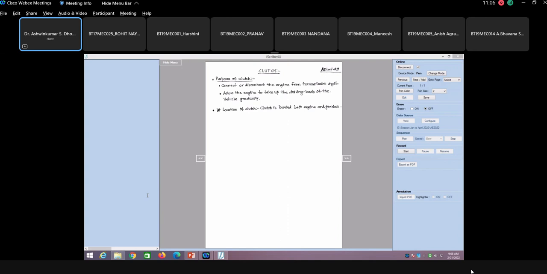So what are the different types of clutches used in automobile engineering? The first one is the friction clutch.